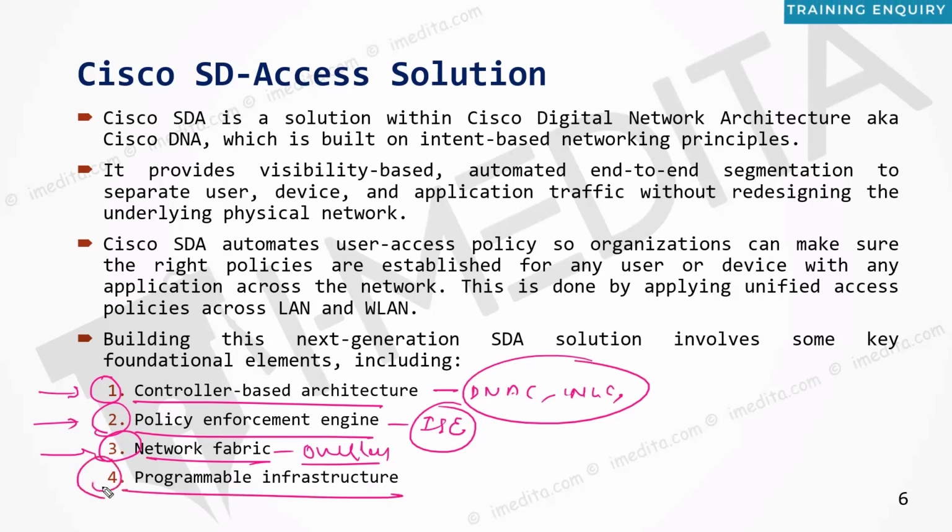A programmable interface. What do we mean by that? Programmable interface basically means that we can use third-party automation tools. We can use automation tools offered by Cisco, or by some other vendors, and we can program our campus fabric.